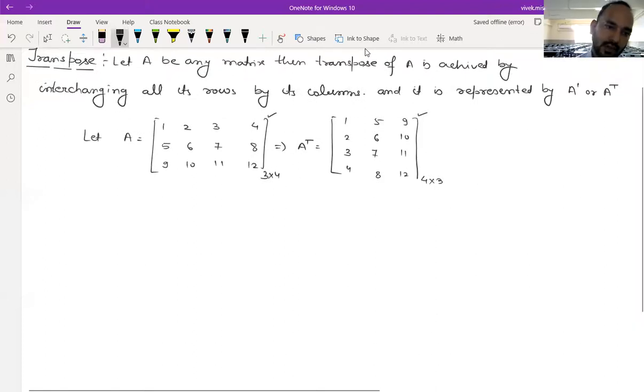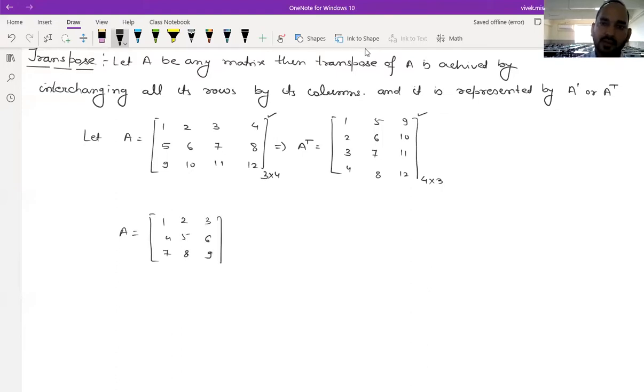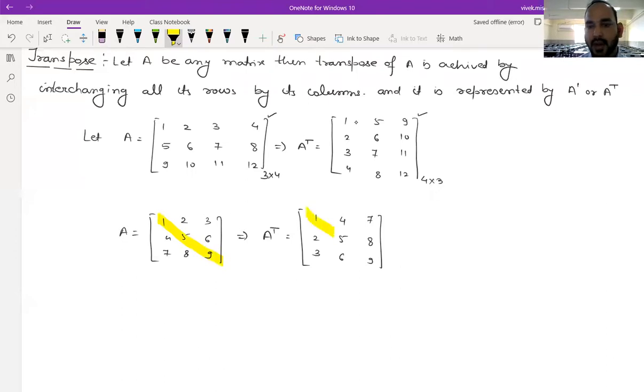Now, if A is, I take 1, 2, 3, 4, 5, 6, 7, 8, 9, a square matrix, and I'm taking its A transpose. Now, one very important thing which you should notice, that when I take the transpose in a square matrix, the principal diagonal element is not changing.